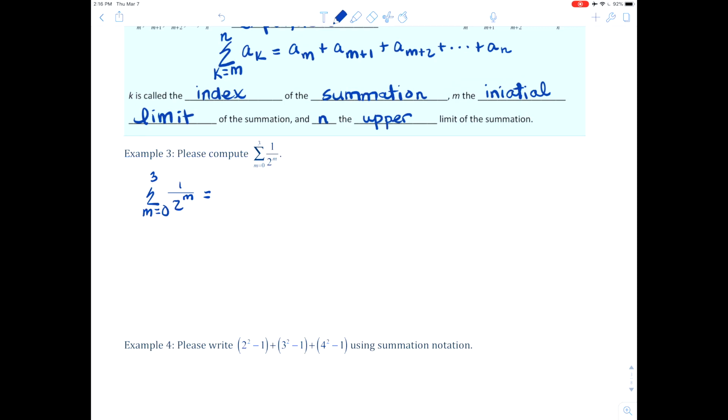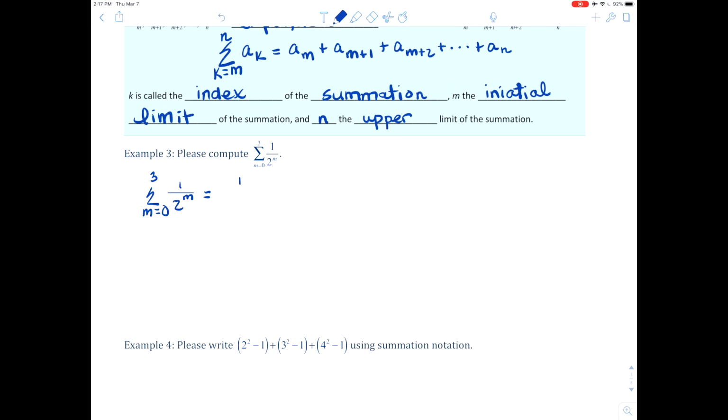So the very first, the initial, what? The initial term will be the term which occurs when I plug in 0 for m, right? So the initial limit of the summation is, beautiful, 0.